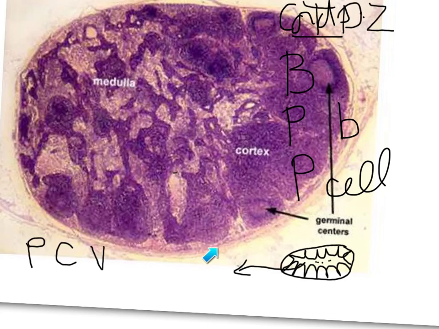Here we have the afferent lymphatic, and then we have the subcortical and trabecular sinuses, and after filtration it reaches the medullary sinus to be collected as clear lymph from the efferent lymphatic in the hilum.